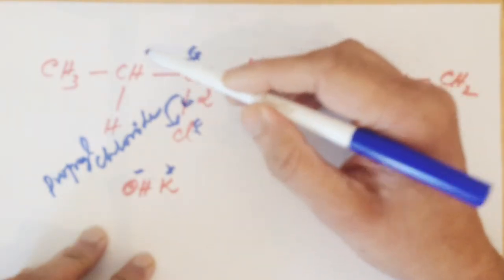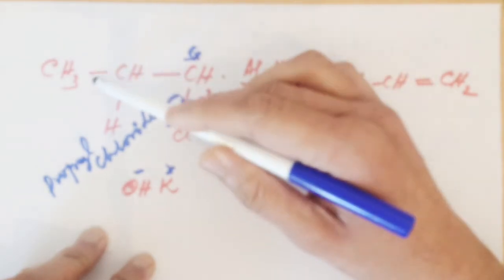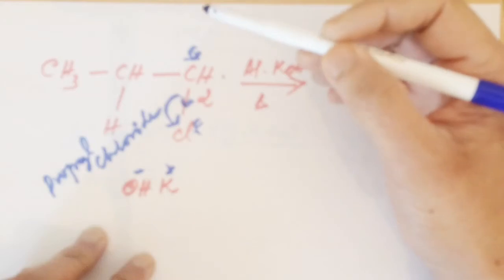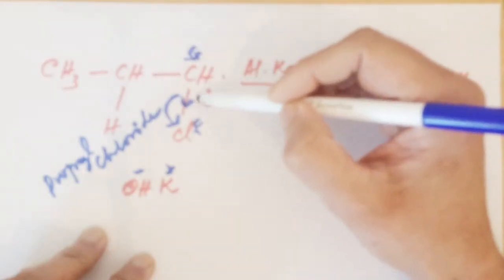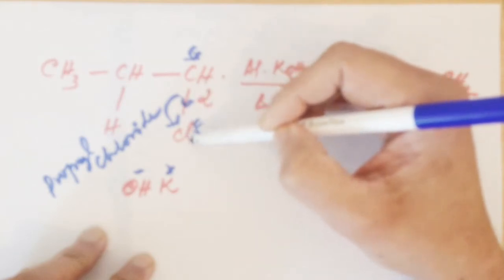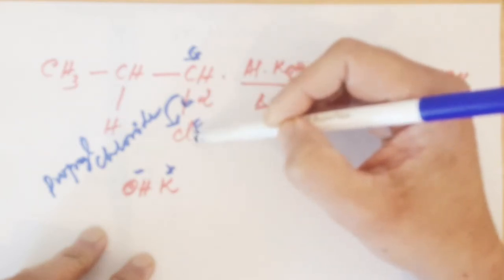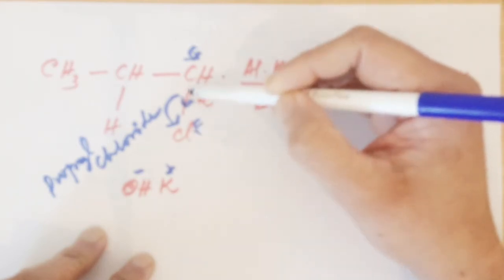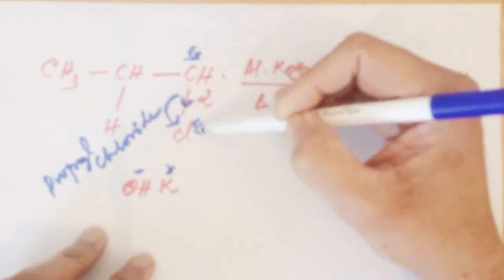So that effect happens all the way along this bond and this bond. Because of this electron pulling effect, or because of the electronegativity of the chlorine atom, the bonding pair slightly moves towards chlorine and the chlorine gets a slight negative charge.